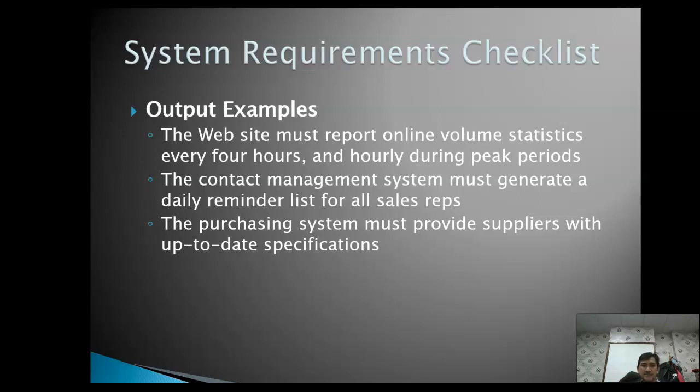Third one is the purchasing system must provide suppliers with up-to-date specification. If you have gone to a large supermarket like Tesco, Aeon, Mydin, these hypermarkets have a system that is linked to their supplier, meaning that every time people purchase and pay at the cashier, the system will update the stock on the shelf.